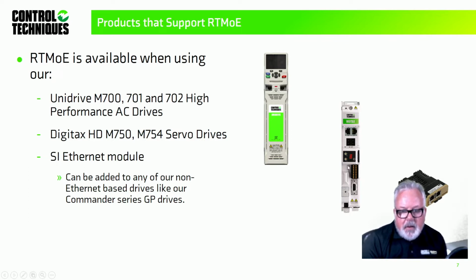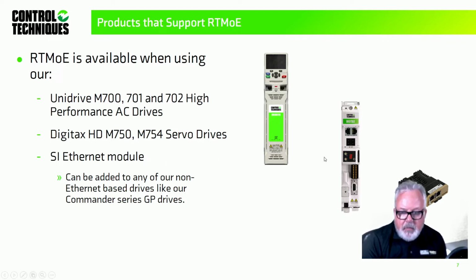So rather than occupying one of the two expansion slots on a Digitax, now you have onboard MCI control, which is programmed with Machine Control Studio, and two free slots that you can use for other things like I/O or encoders or what have you. So that's the M754.